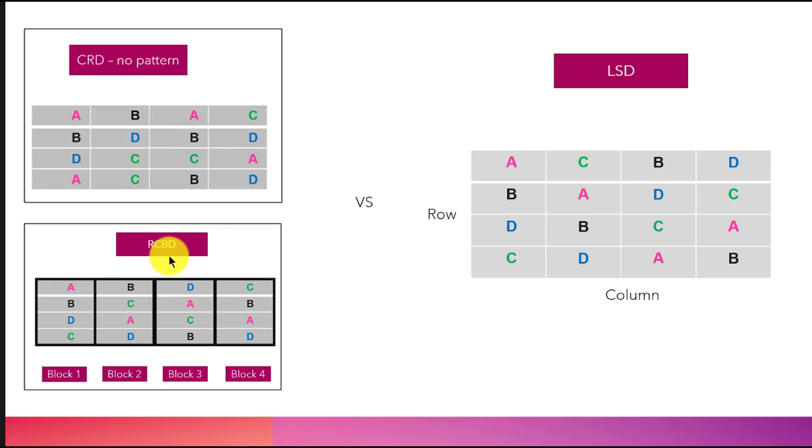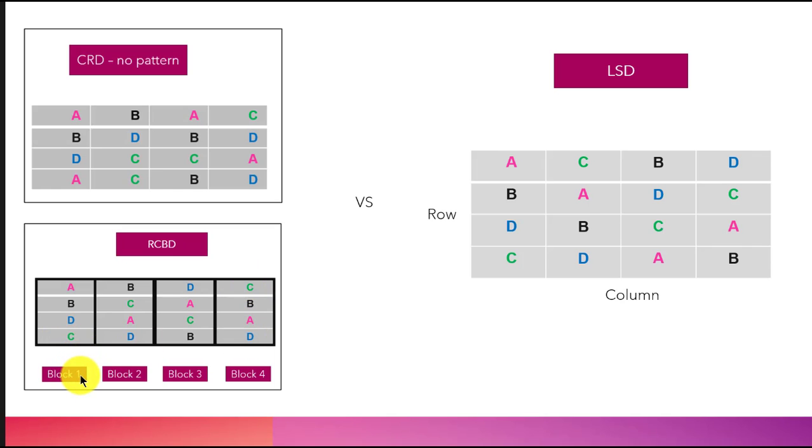And if you see this randomized complete block design, now there is some pattern, in the sense that the plot is divided into four blocks: block 1, block 2, block 3 and block 4.